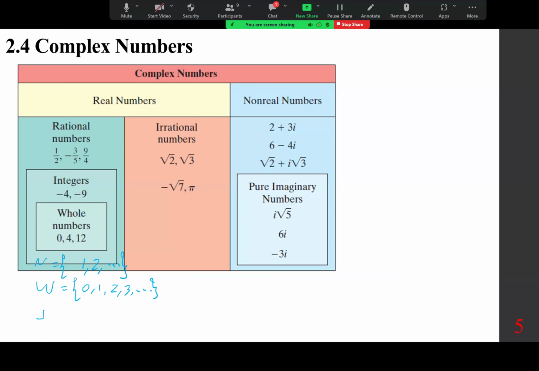And then we have integers, 0, 1, 2 to infinity. We go to the negative side also. So I just wanted to make sure you understand this part, okay?